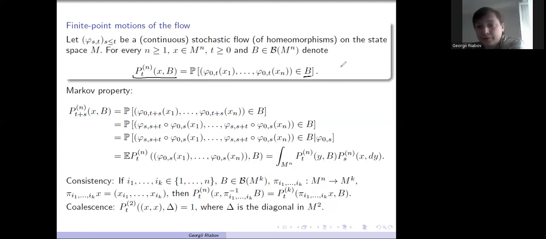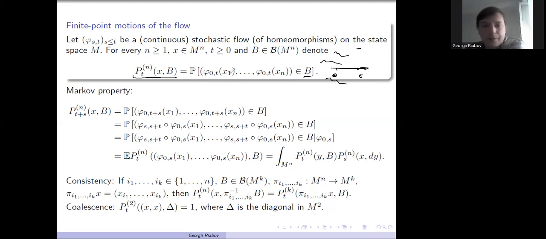If n is equal to 1, then, let this be time 0, we have the flow of mappings.